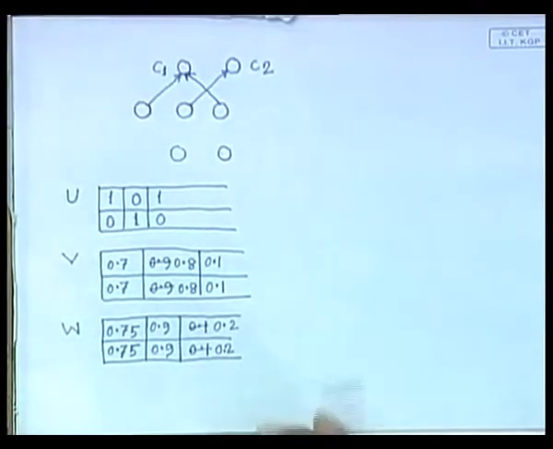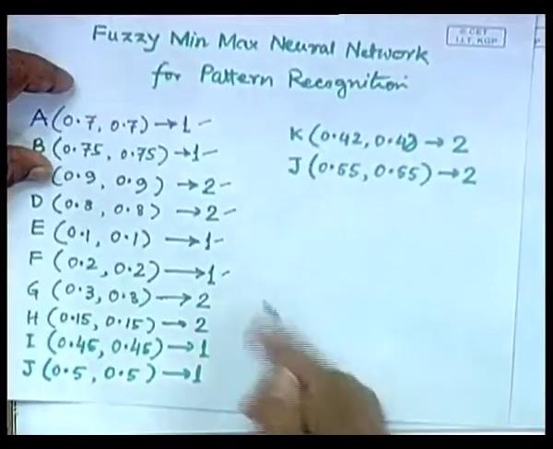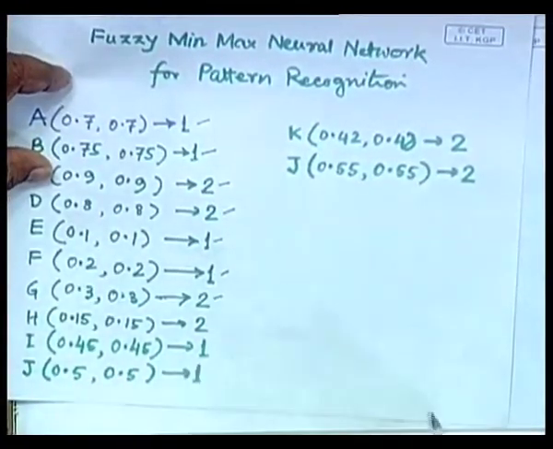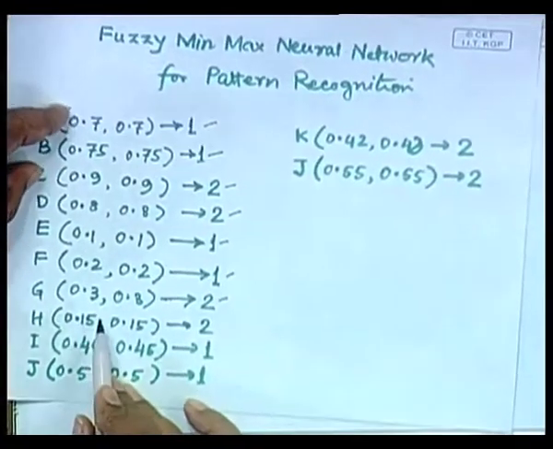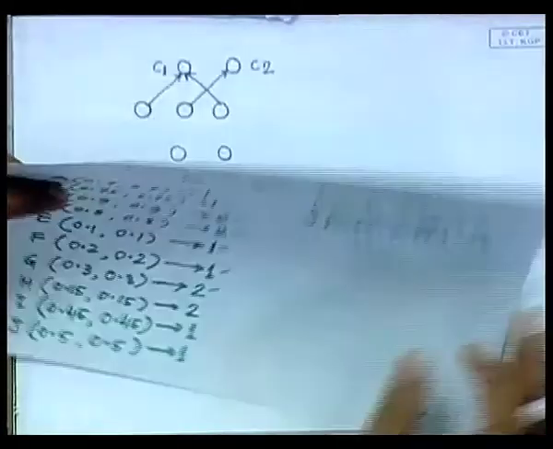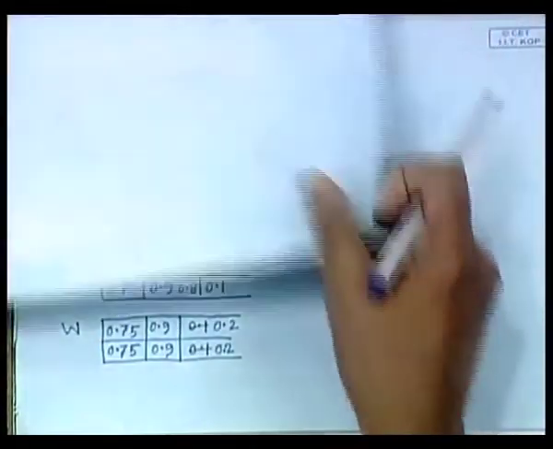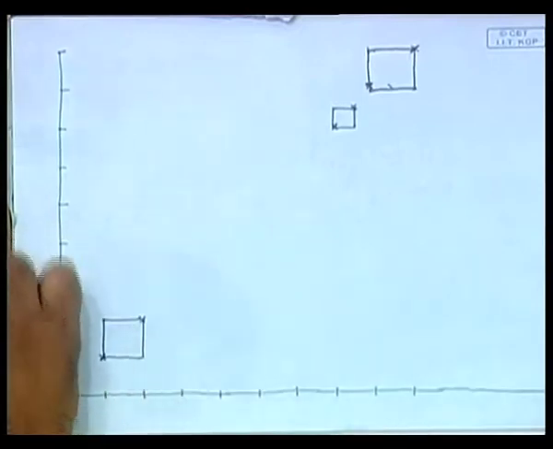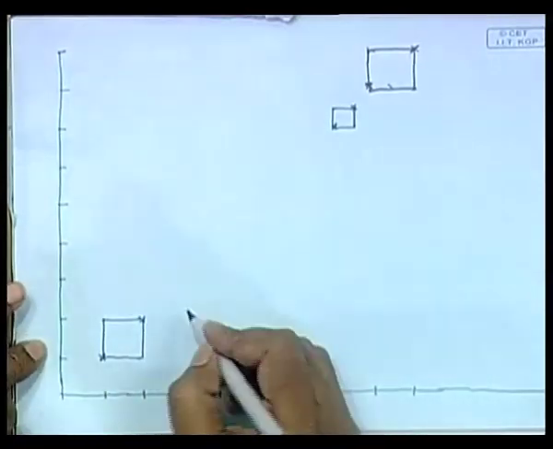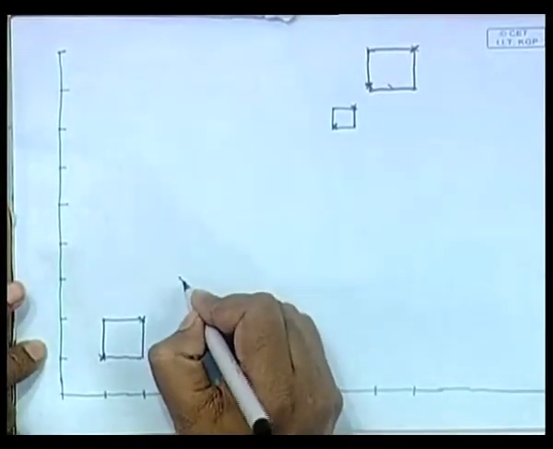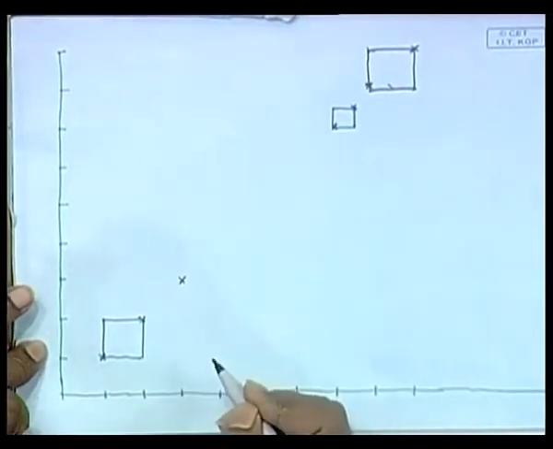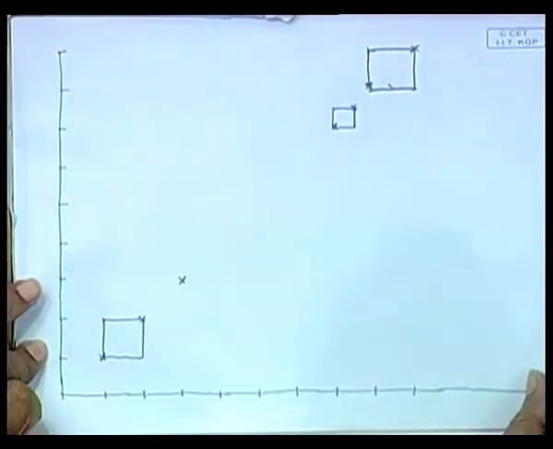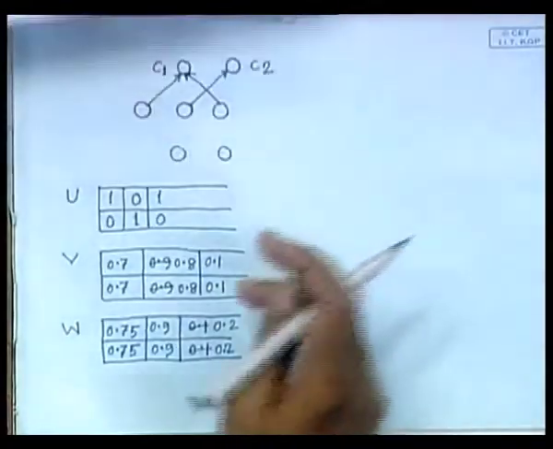Okay. Then take the next point, which belongs to class C2, and the vector is 0.3. Okay. So, I take this 0.3, which is over here, and this belongs to class C2. So, I have to add a new neuron in the middle layer.